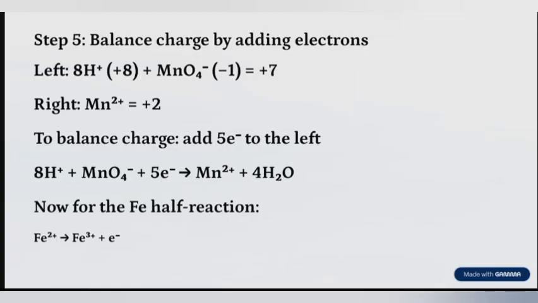You add it as electrons, not just as 5, so it becomes 5 minus. So when you add 7 minus 5, it will now give you 2 on the left-hand side and 2 on the right-hand side.